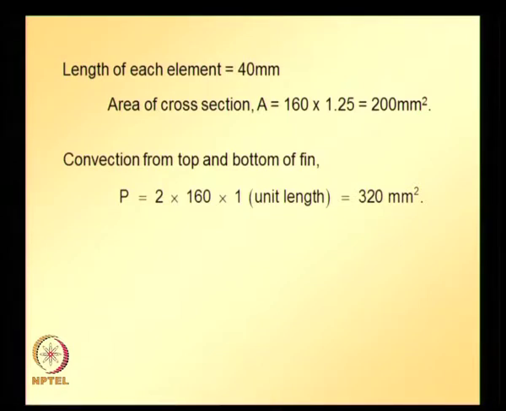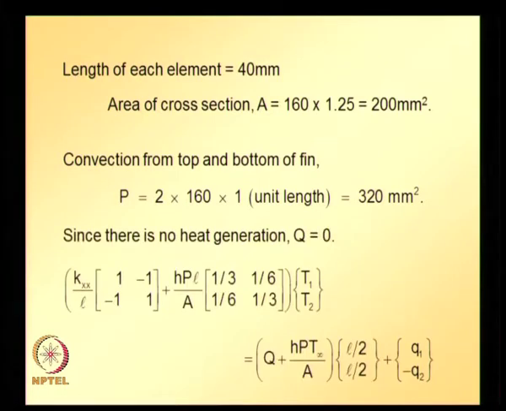Since convection at the ends is neglected, convection from the top and bottom of the fin is going to depend on the perimeter P, and here the perimeter value per unit length is given or calculated, and here there is no heat generation.